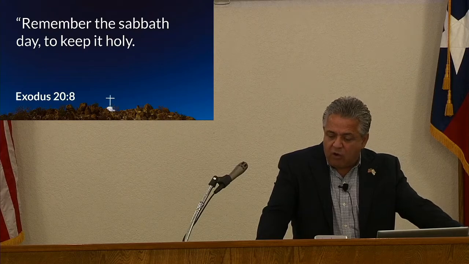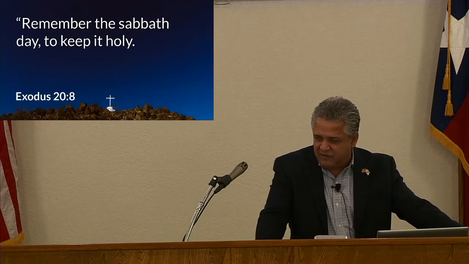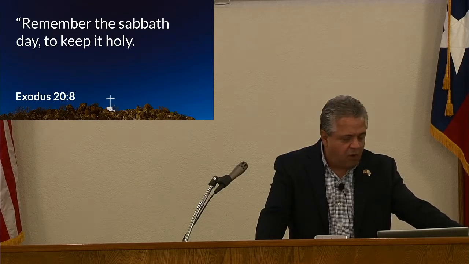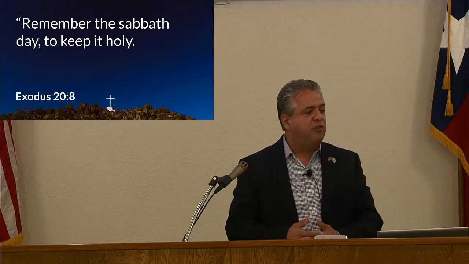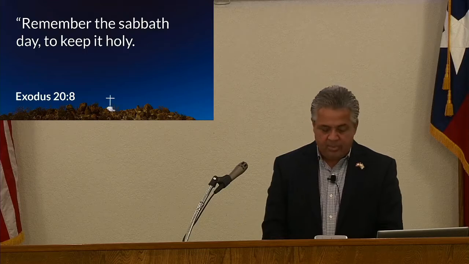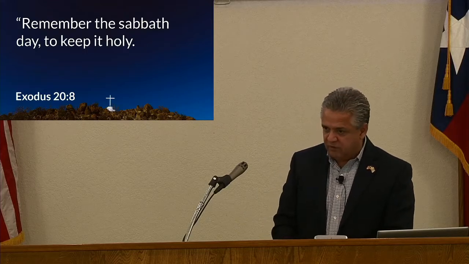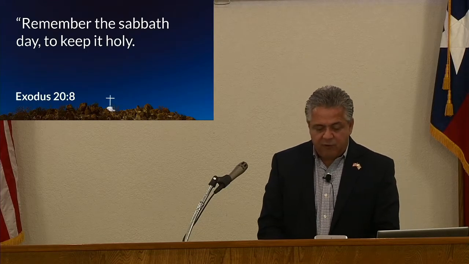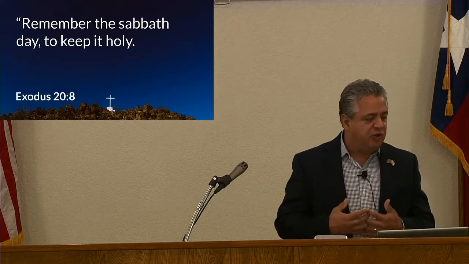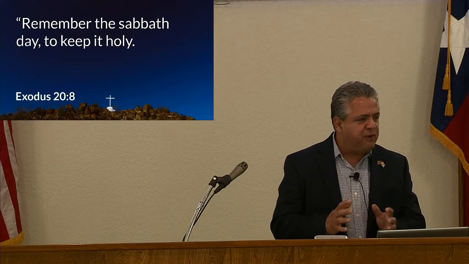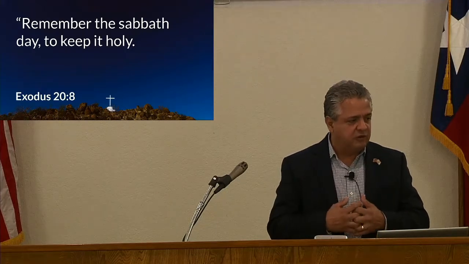So let's keep going. All Israel was to tithe, and this is 10%. All Israel was to tithe every year of their harvest. We're talking about what grows, the produce of the field. And look at verse 28. Every third year there was an additional tithe. Not a different tithe, an additional tithe.